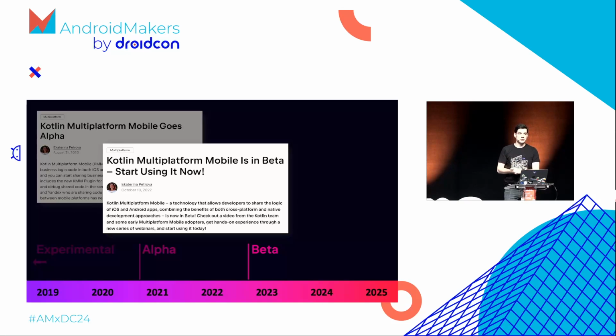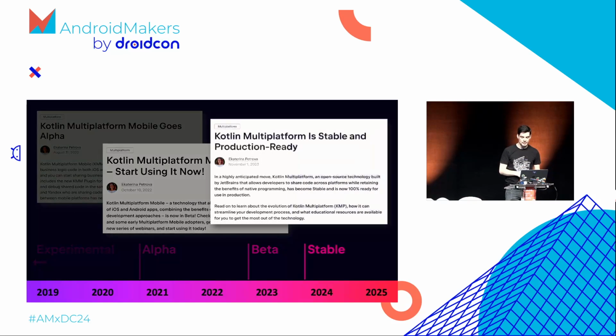But with the new memory model, we've done away with that, and you can just write your code the same way as you would for any other compilation target. Also around this time, we had tooling advancements, for example, KDoctor, which lets you check your environment setup quickly. And Google has also started introducing their first experimental multi-platform libraries within Jetpack.